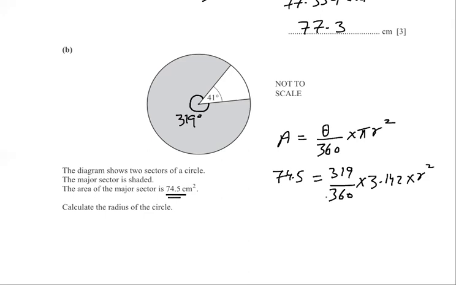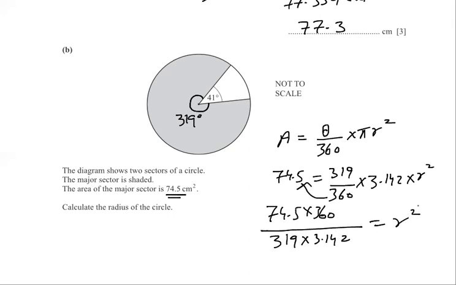To find r squared, shift it to the other side. This 360 will multiply, and this 319 and this pi will divide. That is r squared. So to get r, take the square root on both sides.